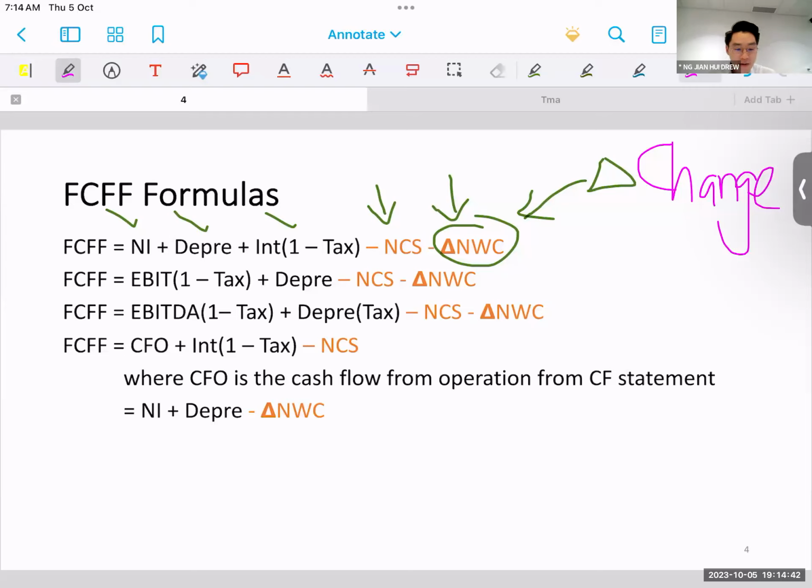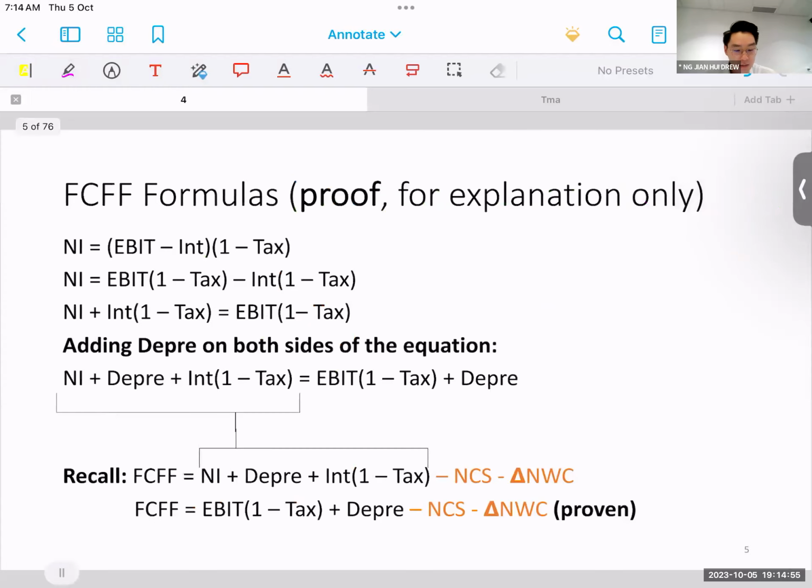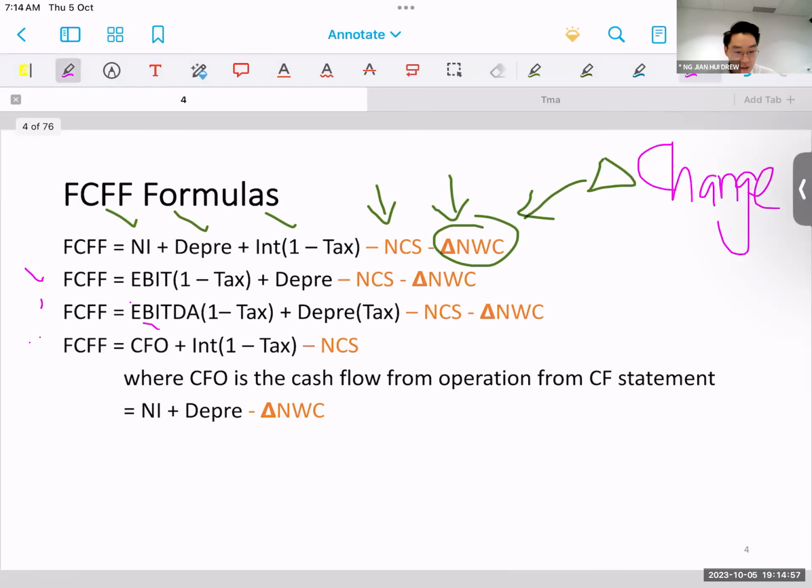So then we have various other derivations using EBIT, EBITDA, and last but not least, the cash flow from operations. This cash flow from operations is based on the cash flow value in the cash flow statement.